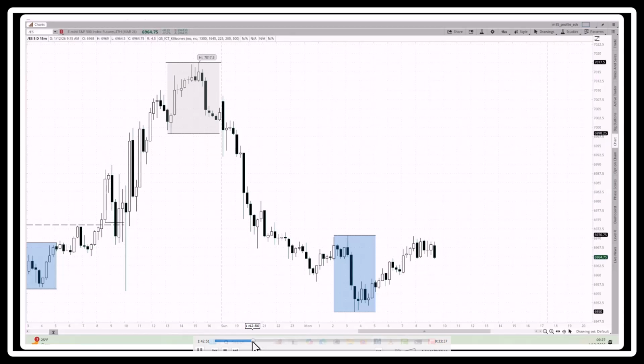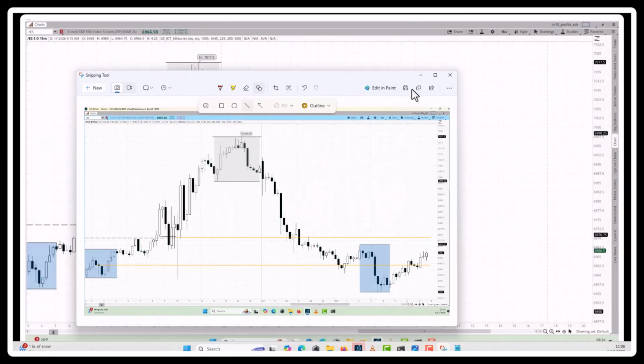Wow, so why the 9:30? You see that? So at that level, the level right there could be the reason.